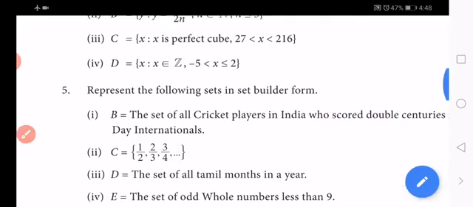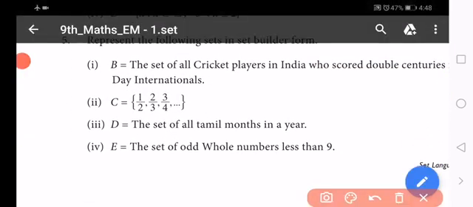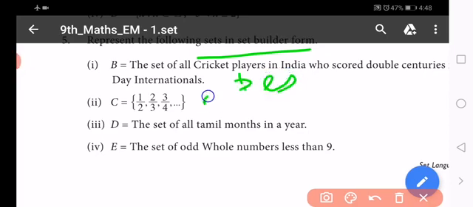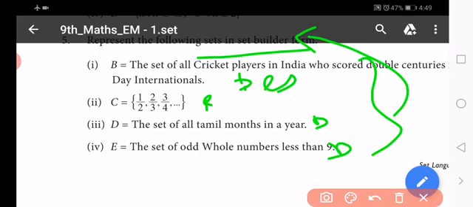And for the fifth one, represent the following in set builder form. This first one is descriptive form, this is roster form, this is descriptive form, this is also descriptive form. These four convert into set builder form.